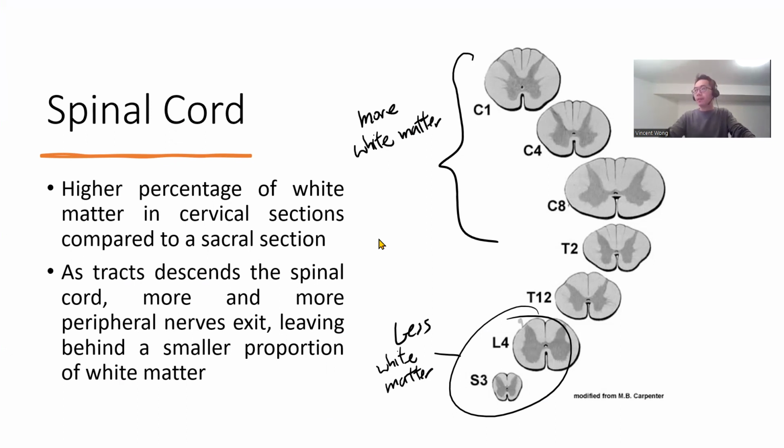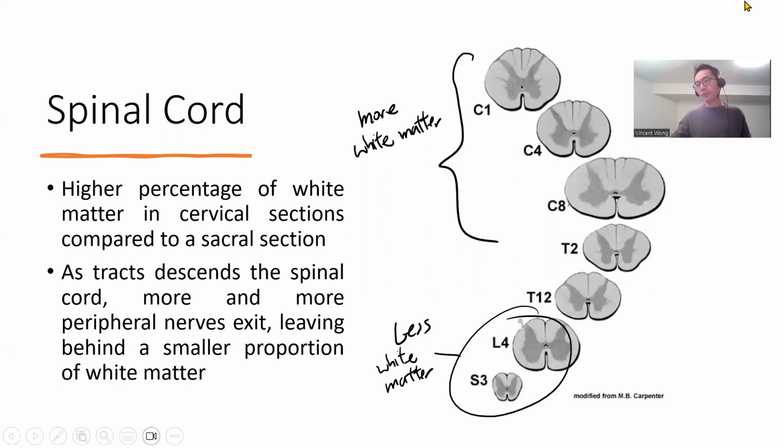Excuse me, I didn't get why the higher, like C8, has more white matter than L4. Okay, so this is from the neck area, right?